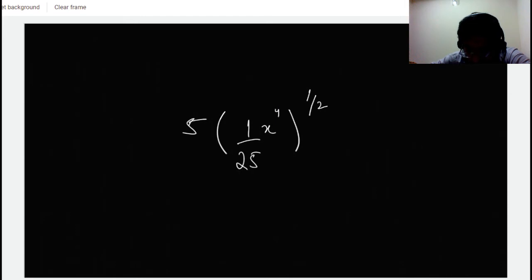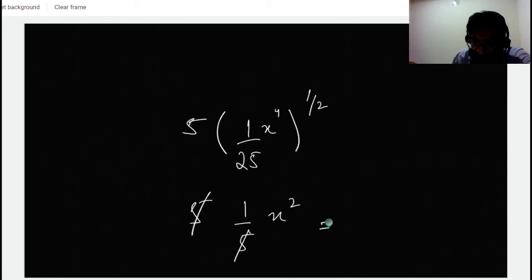So, sir, it will become 5, cut 5, it will become 1 by 5 x squared, and then they get cancelled out. X squared is the answer. Is that what you're saying?